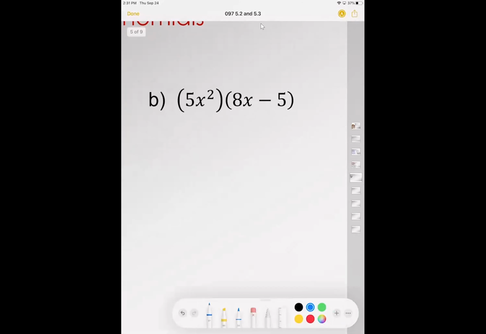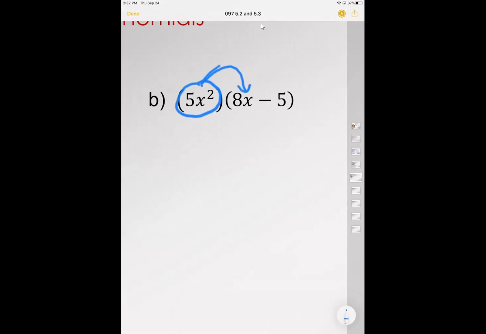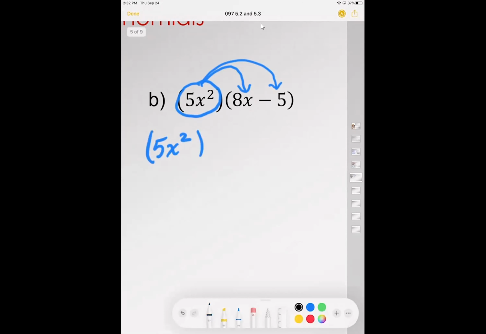For me, I like the distributive property. So if you look at this item here, it basically tells you to take this item and distribute it in here and distribute it in here. So technically, ladies and gentlemen, all we're doing is we take the 5x to the second and multiply that to the 8x.